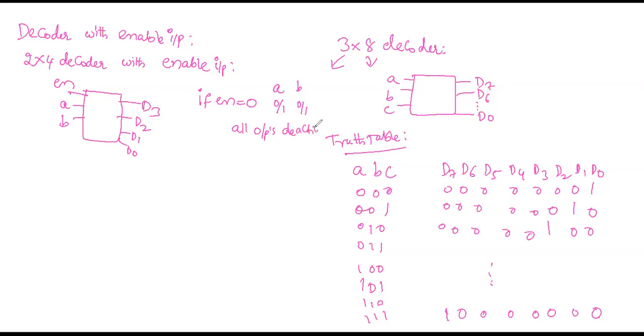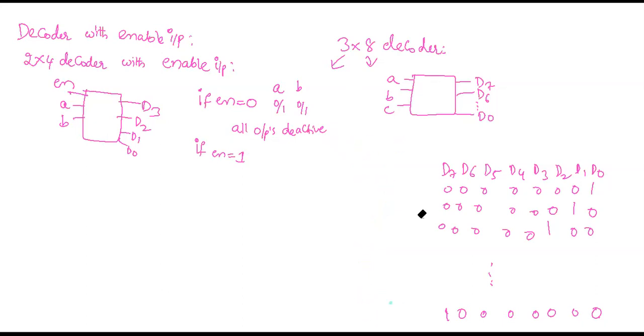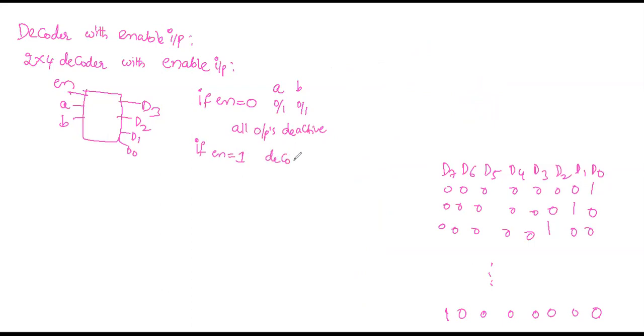If enable is equal to 1, the decoder performs its normal operation. Now we'll see the truth table.